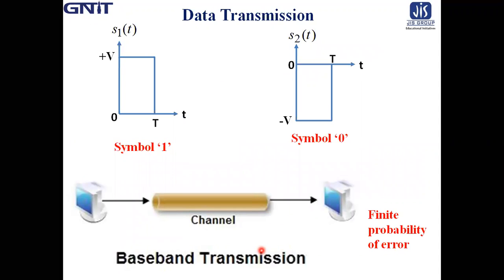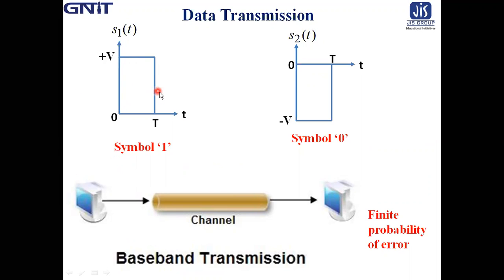So a data transmission system using binary encoding transmits a sequence of binary digits, that is ones and zeros. These digits may be represented in a number of ways.